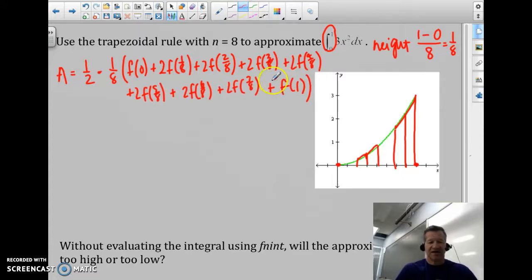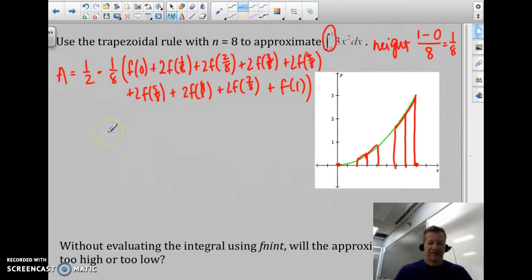By the way, you'll notice last time we did 6 trapezoids in the last video, and we ended up having 7 bases. Here we have 8 trapezoids, and there should be 9 bases: 1, 2, 3, 4, 5, 6, 7, 8, 9, because we're counting both endpoints.